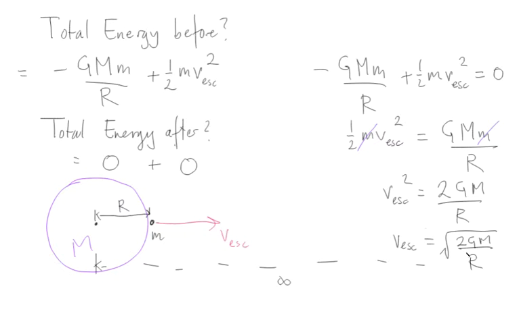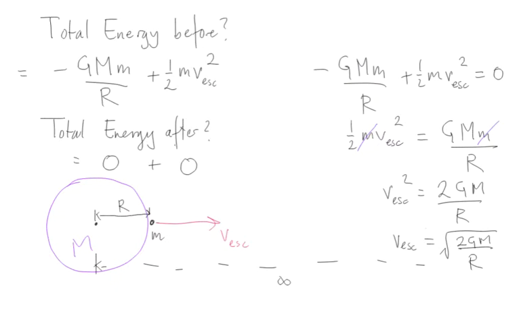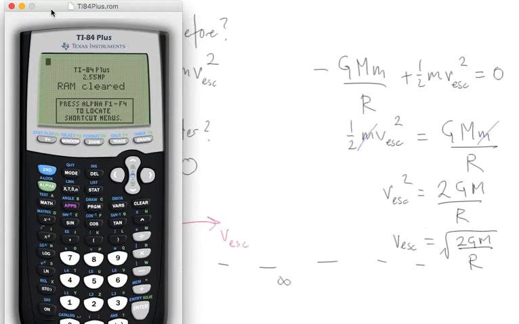Let's do a worked example then. Put in some values for Earth. Bring up my calculator. So what's the value of the escape velocity for Earth?